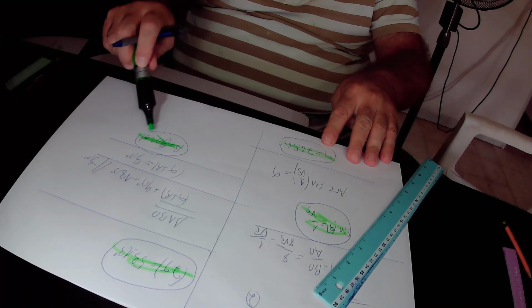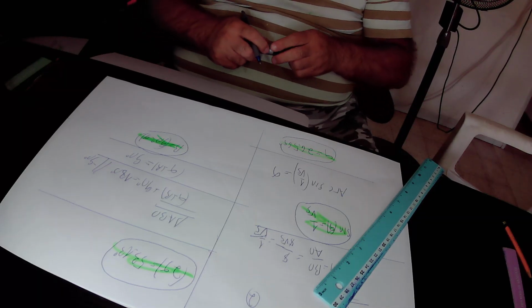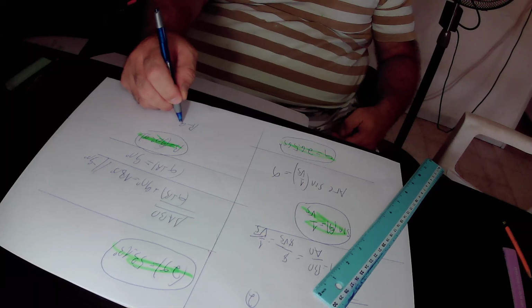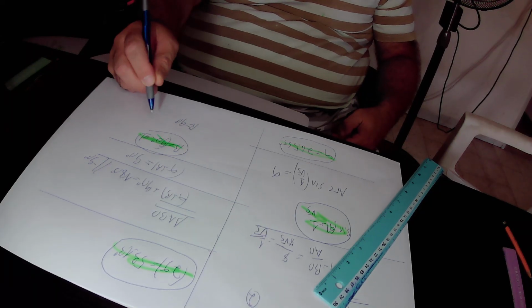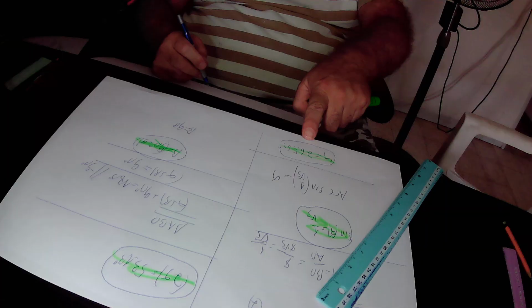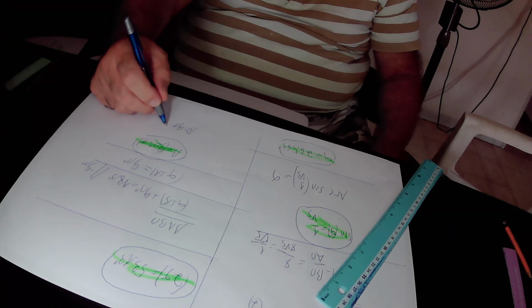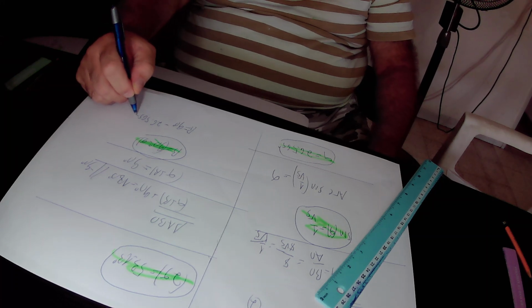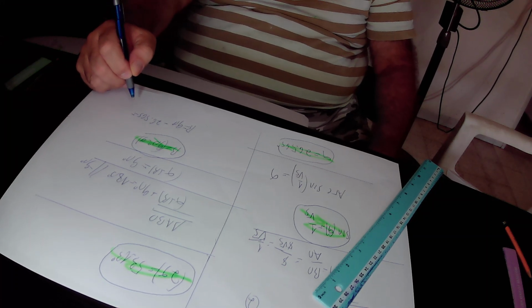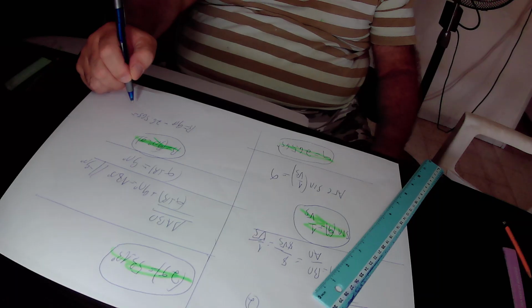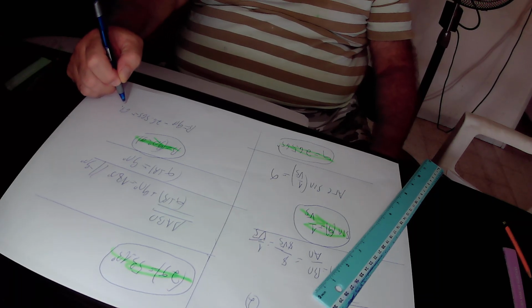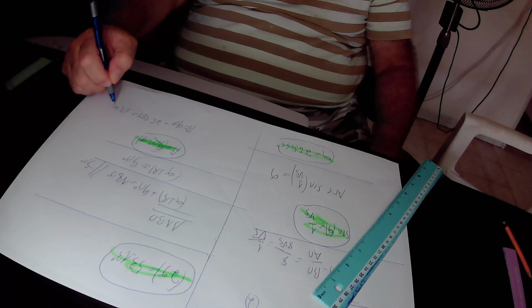Beta equals 90 degrees minus alpha, and therefore beta equals 90 degrees minus alpha, and alpha is 26.565, and 90 degrees minus 26.565 is equal to 63.435 degrees.